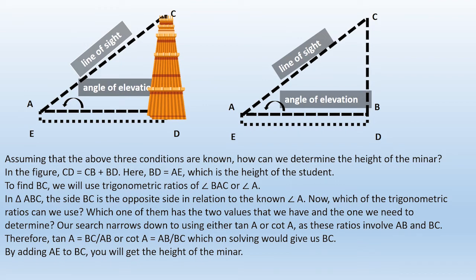Which one has the two values we have and the one we need to figure out? Since these ratios include AB and BC, our search narrows down to either tan A or cot A. Therefore, tan A is equal to BC by AB, or cot A is equal to AB by BC, which on solving would give us BC. By adding AE to BC, we will be able to find the height of the minar.